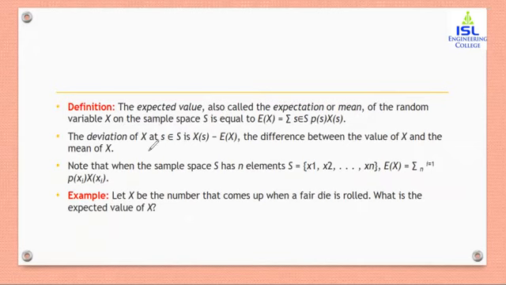I've given you the formula. The deviation of X at s belonging to S is X of s minus E of X, the difference between the value of X and the mean of X.